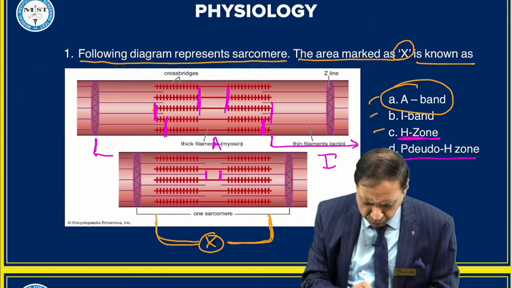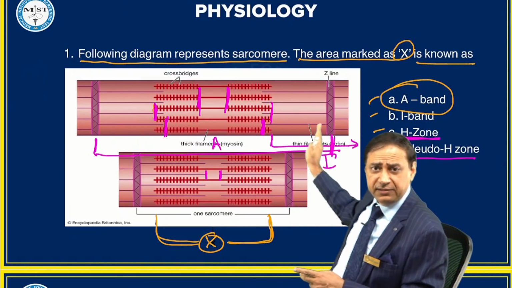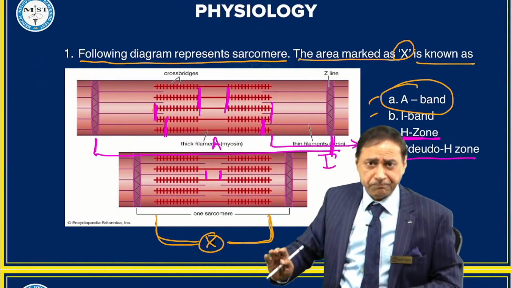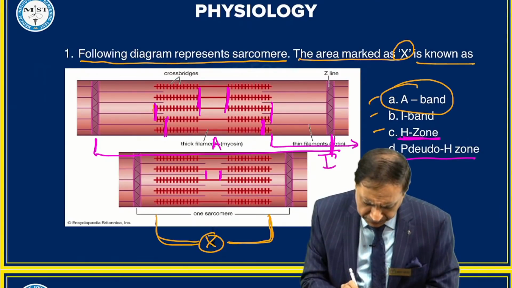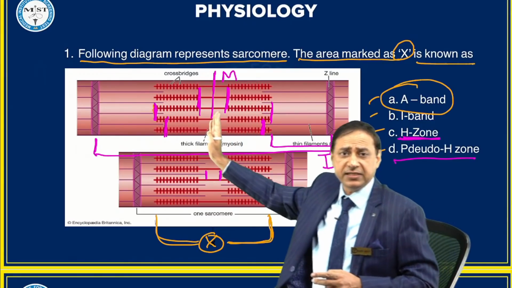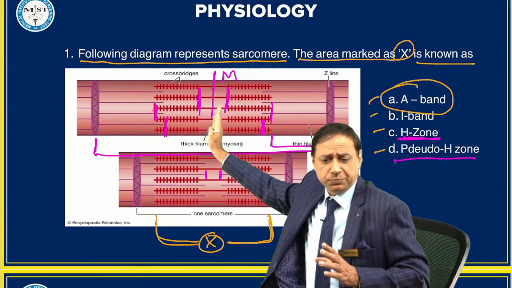Sarcomere is from this point up to this point, Z line to Z line. In the very center, this line can be called the M line. So the M line is in the center of the sarcomere. I think it should be clear now.